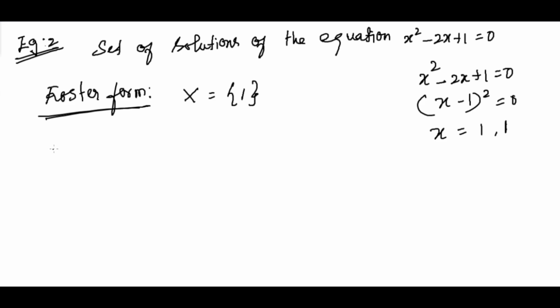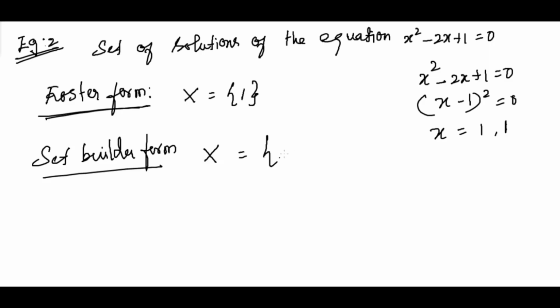Now, how can we write the set builder form of it? Name the same set X is equal to set of all x such that x square minus 2x plus 1 equal to 0. This is the set builder form of the set.